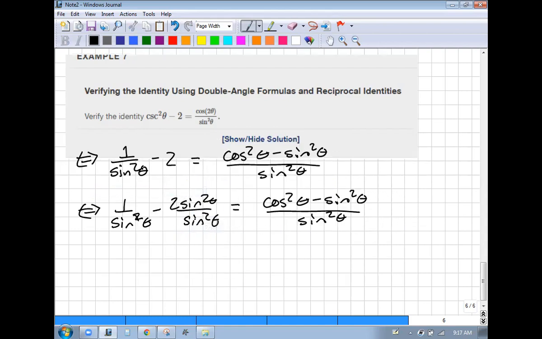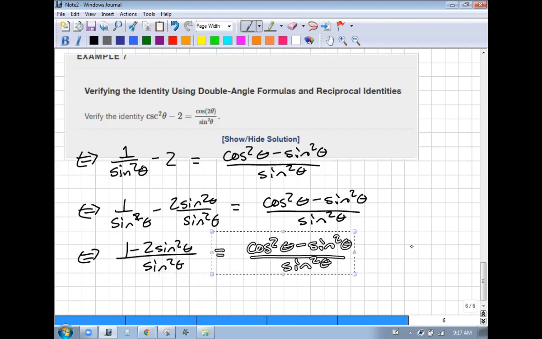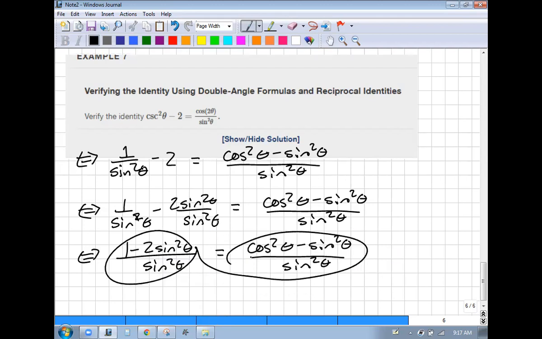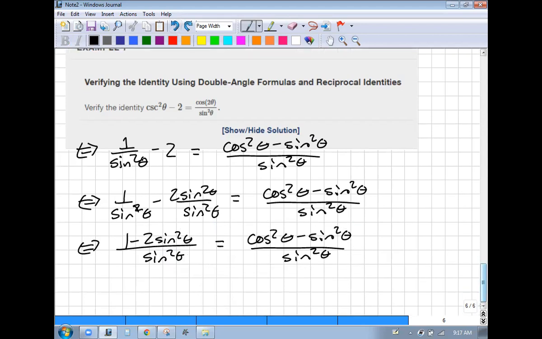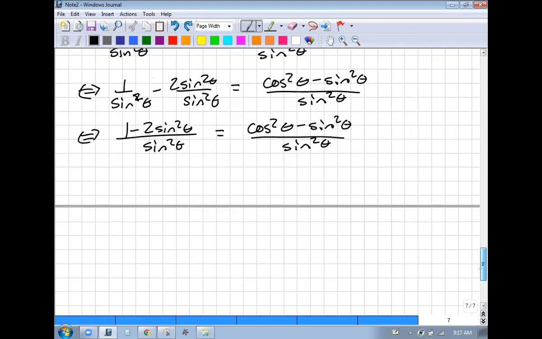All right, so I did that just to get a common denominator so that on the left-hand side, I could write this like this. So now it's one pile of stuff versus one pile of stuff, right? Makes it easier to compare. They both have sine squared on the bottom, so I need to show that these are the same, right?